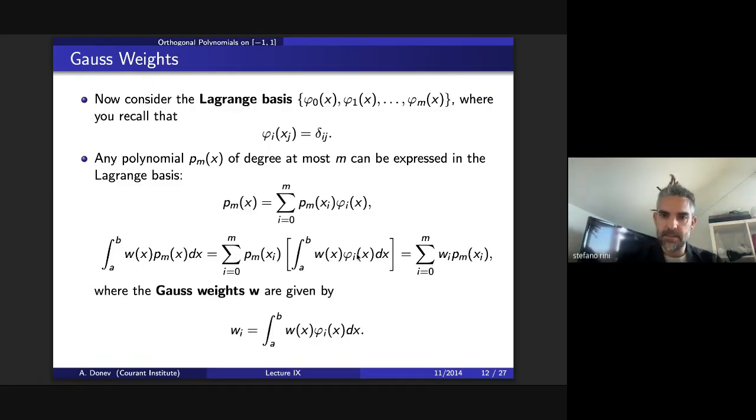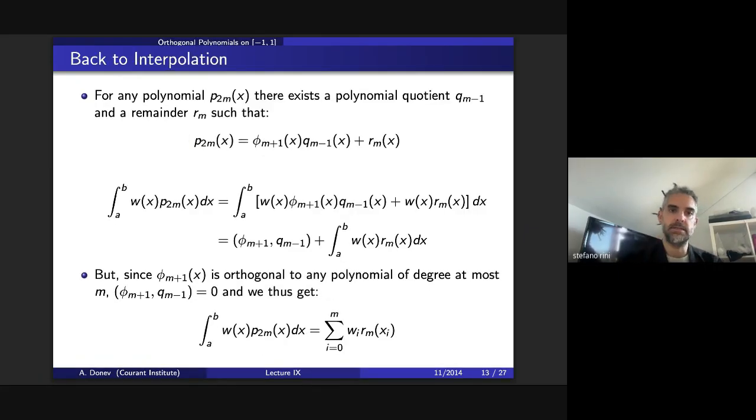Using this formula, we get that the weights, the omega i weights, are the integral from a to b of omega x phi i x dx. So now we have converted the weight function into a discrete set of points.